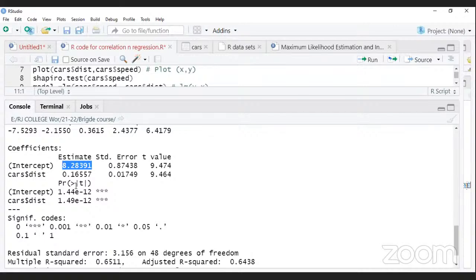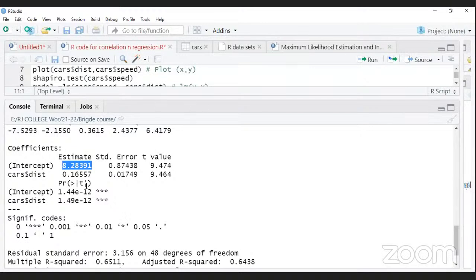Estimate means you have estimated the value of the unknown parameter, which is your beta. Similarly, below we have cars$dist, which is your beta 1, and the estimate is 0.165.